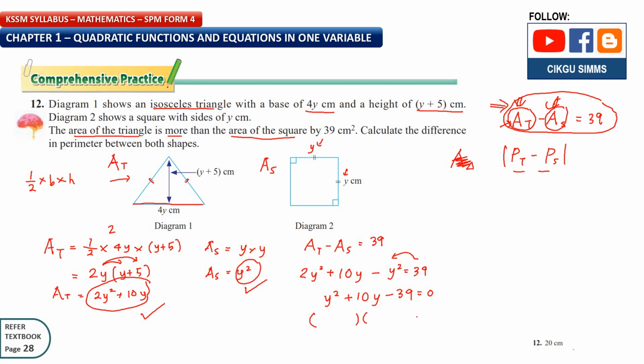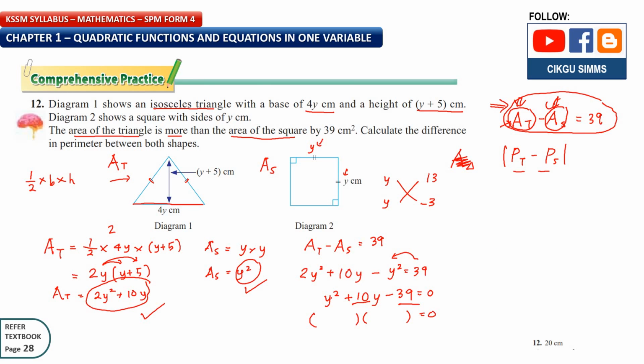I need to factorize. So y times y, you get y squared. For this one, 13 and 3, okay? 13 times 3, I get 39, and then 13 minus 3, I get positive 10.